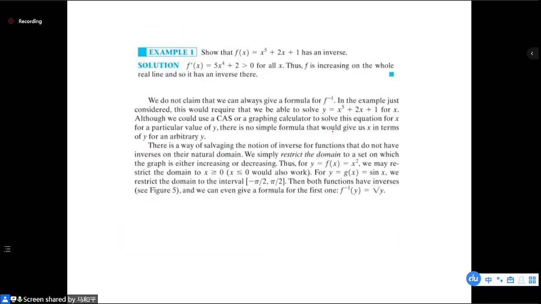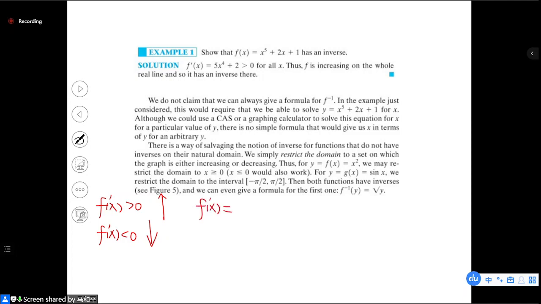We just need to show f is strictly increasing or decreasing. We learned last semester that if f prime x is greater than 0, it's increasing, and if f prime x is less than 0, it's decreasing. So we should find the first derivative.